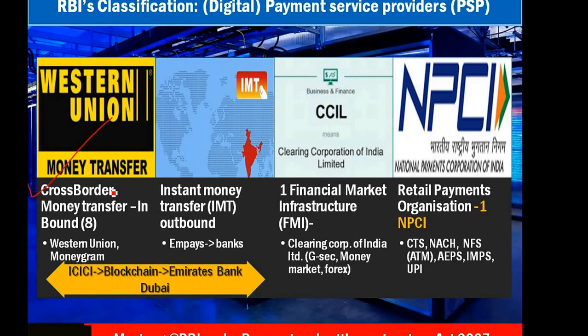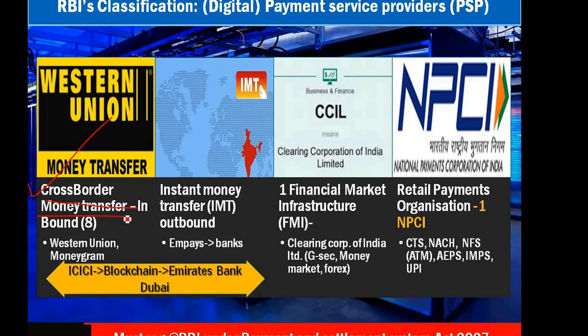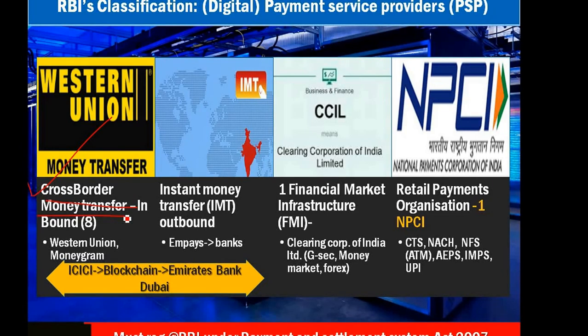Let's look at the classification given by the RBI for payment service providers, that is called PSP. The various payment service providers are: first, cross-border money transfer, that is inbound, and instant money transfer, IMT, that is outbound services, and Clearing Corporation of India, and retail organization.